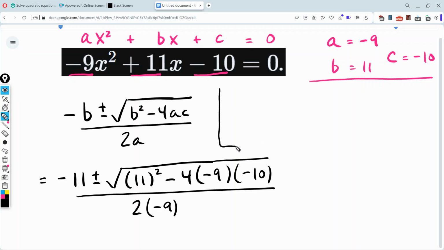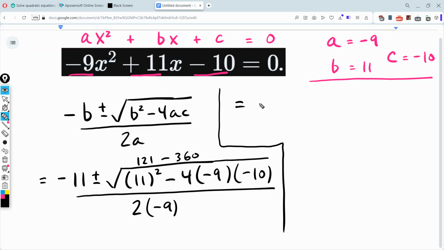All right, let's see what we could do here. Let's clean up the radical first. 11 squared is 121. 4 times 10 is 40. Times 9 is 360. Okay, but we have 3 negatives, so it's going to be negative 360. All right, negative times negative is positive, times negative is negative.